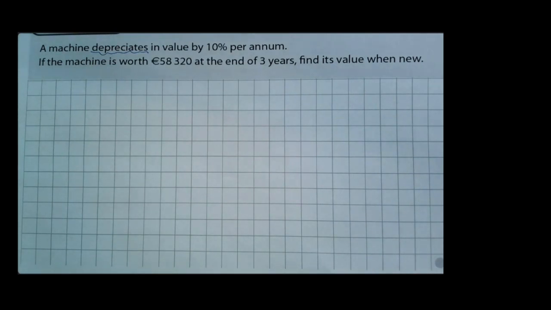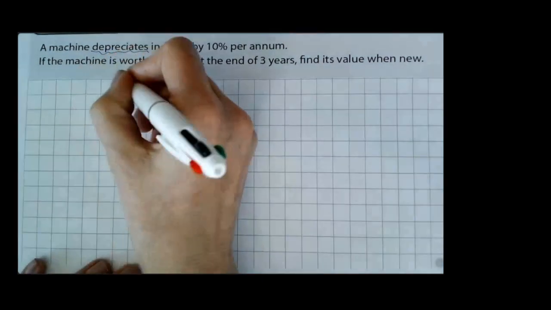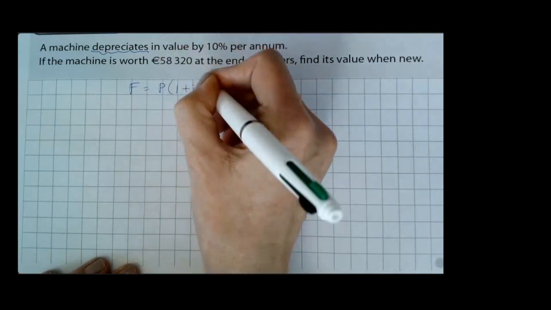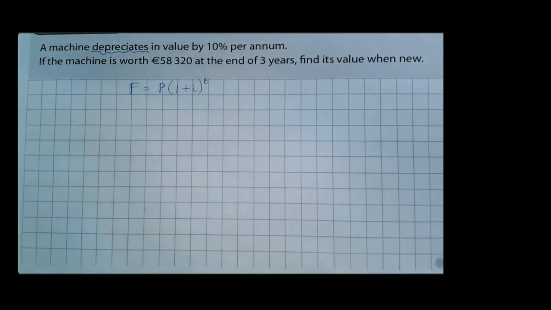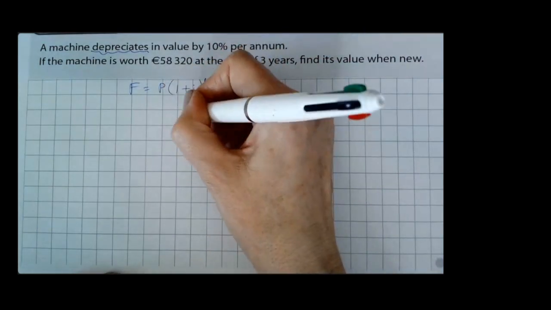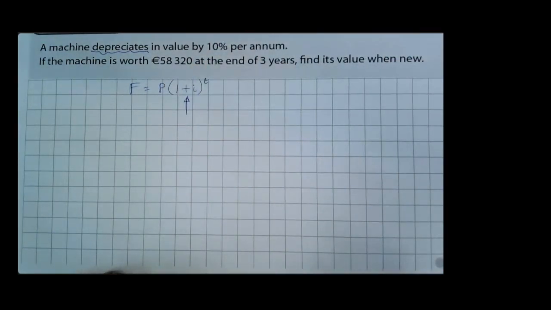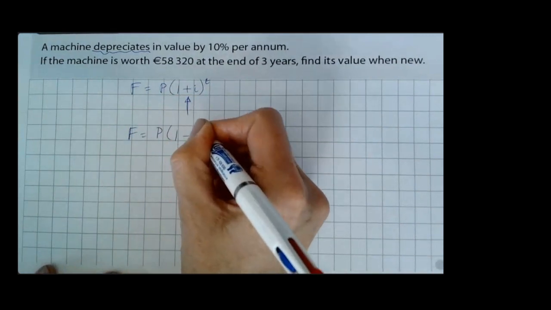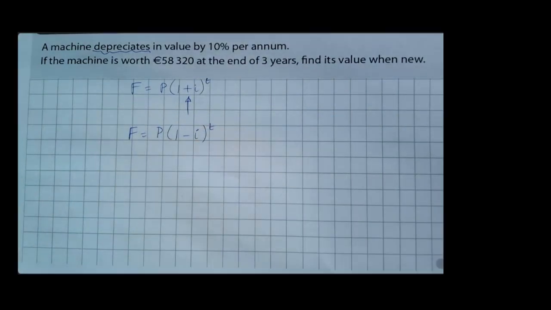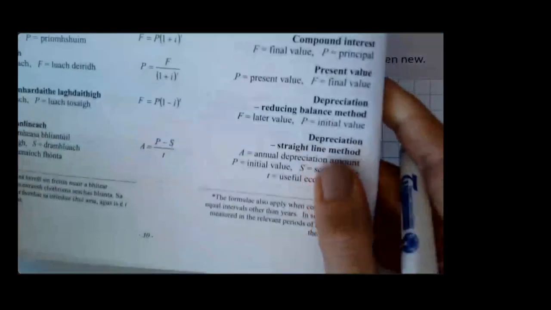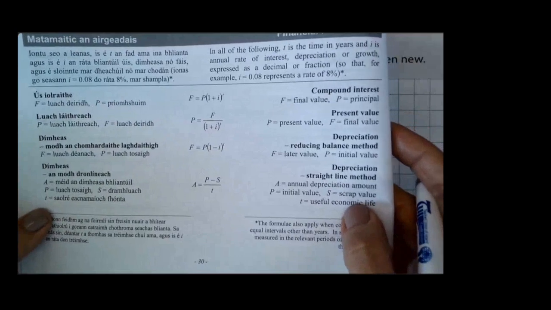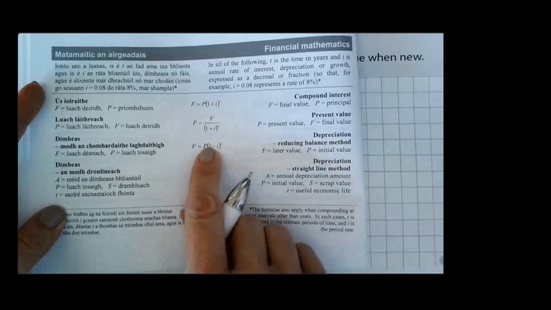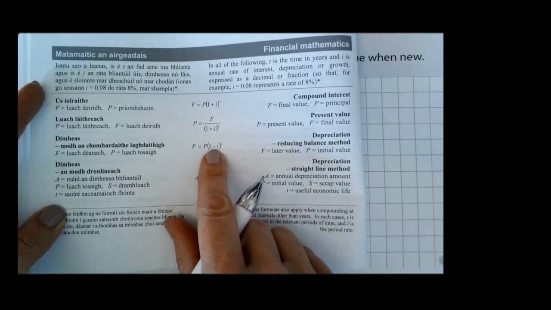Okay, now we can use this formula here to help ourselves, because the only thing that I need to tweak in this formula for depreciation is that plus to a minus, okay? And actually, if you check your log tables on page 30, if you come down here to the depreciation section, you'll see that that's exactly the way they have it here.